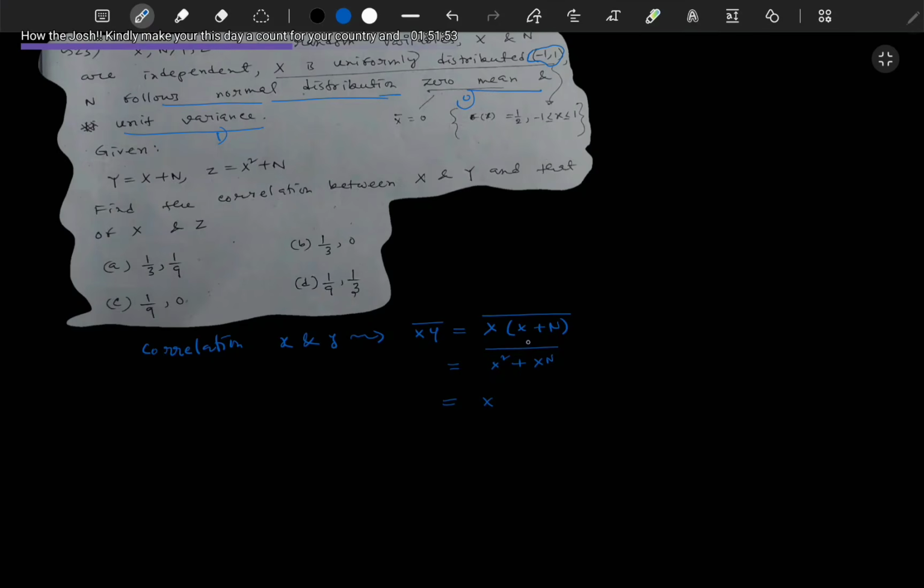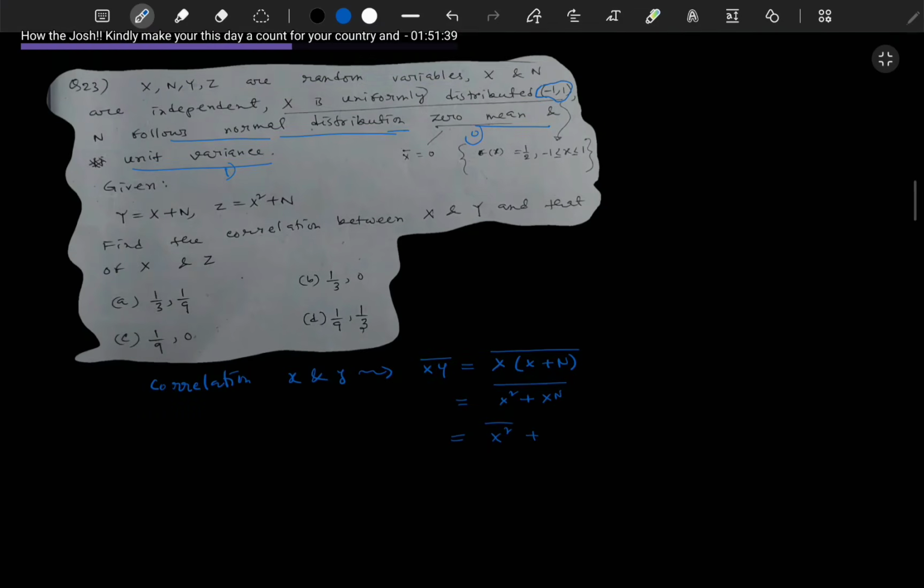Here X square whole bar plus, as X and N are independent, we can write this as X bar N bar.